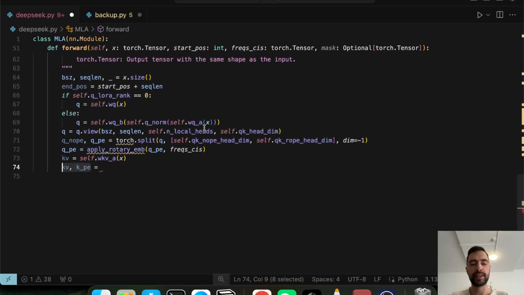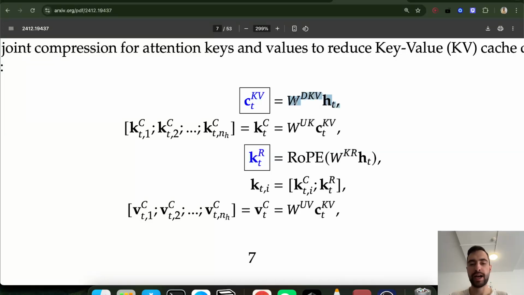In the code implementation, as I explained in the video, we combined this calculation and this calculation. So now we will split this result from the result of this calculation, and the part we get from the split that's for this calculation, we will apply rope to it to get this guy.